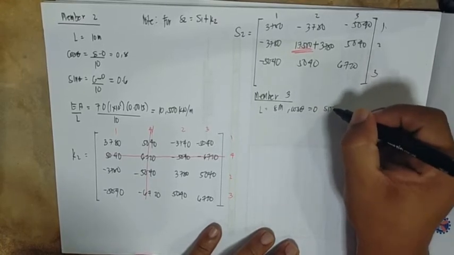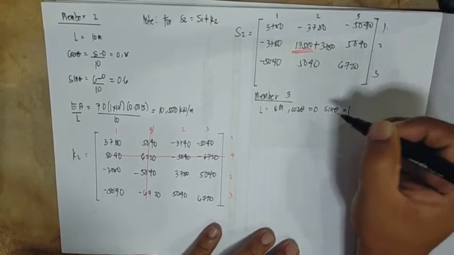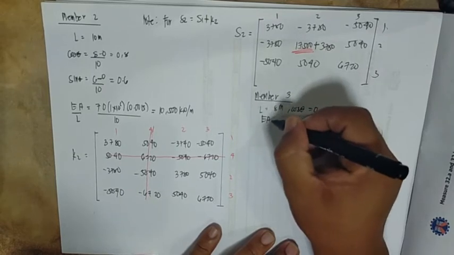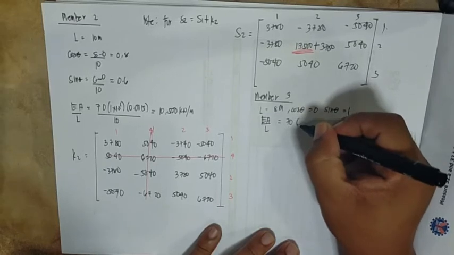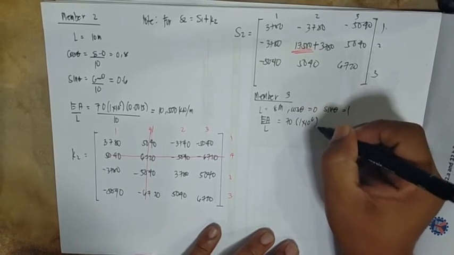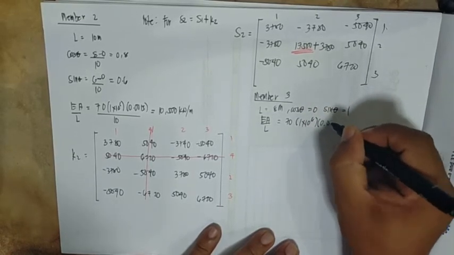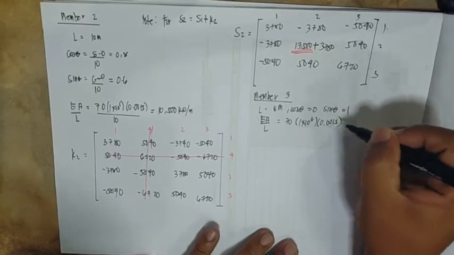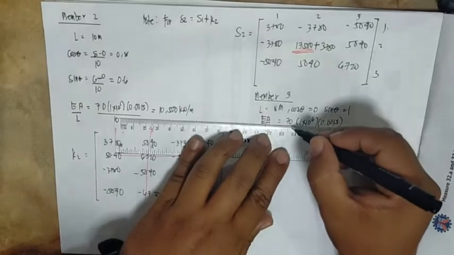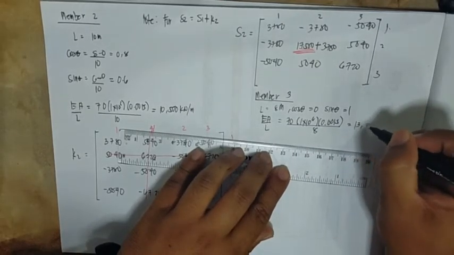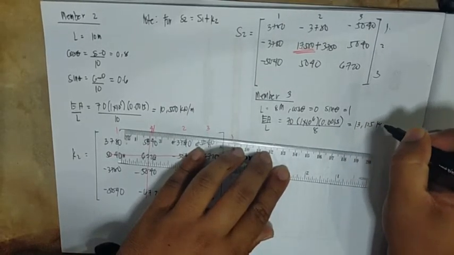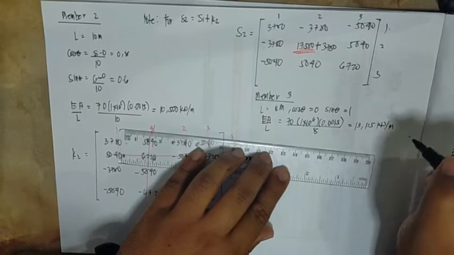Then sine theta is 1. EA over L is equal to 70 times 1 times 10 to the 6 times 0.0015 over 8, which is equal to 13,125 kilonewtons per meter.